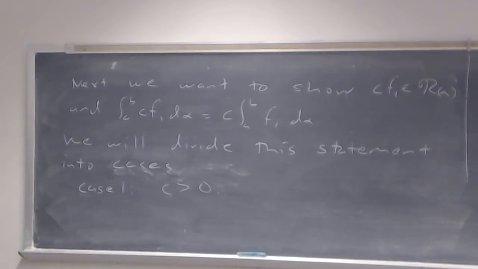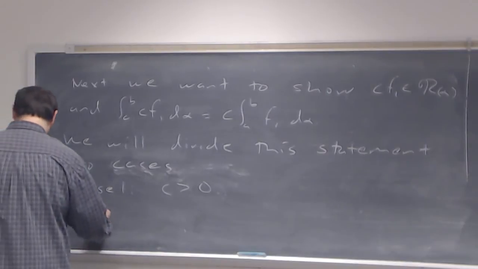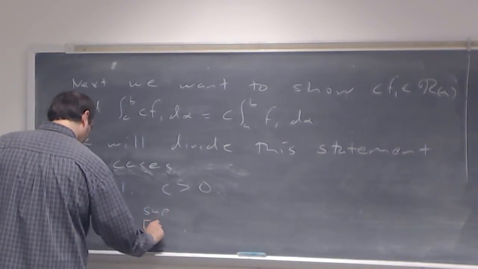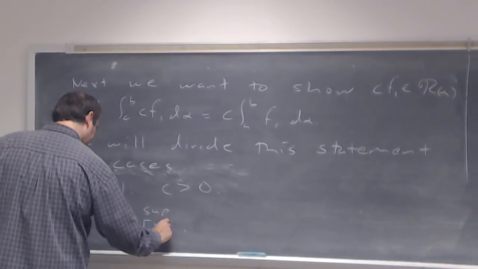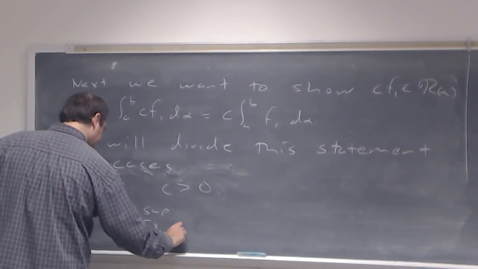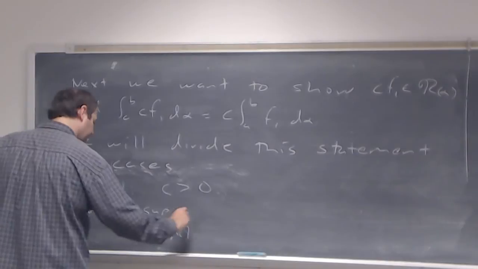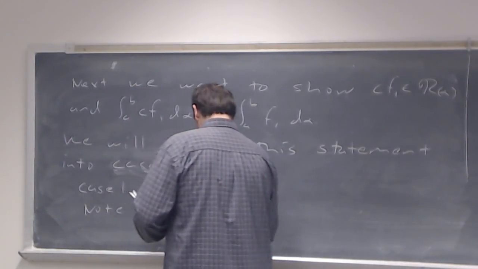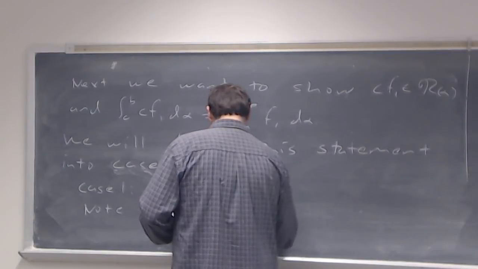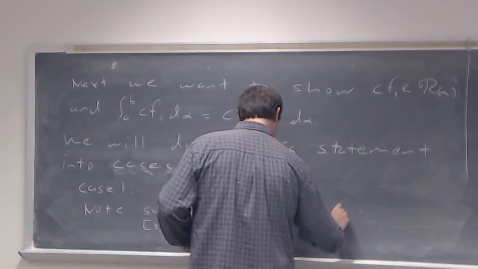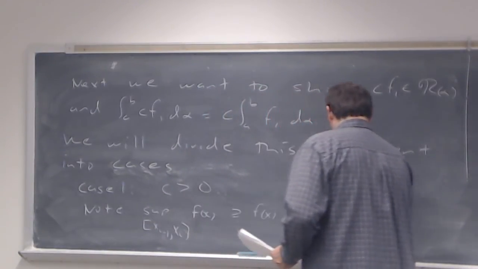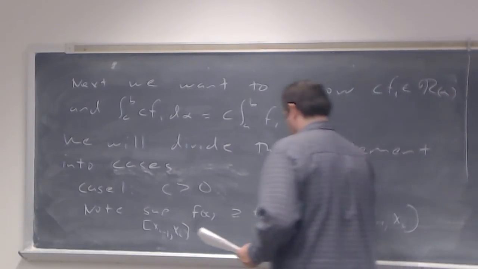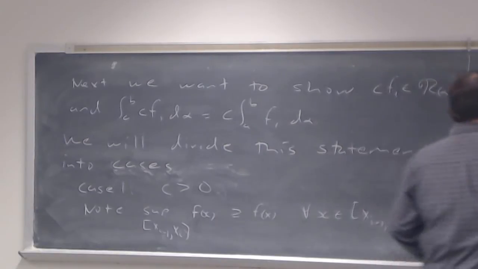Okay, so here the first thing we want to notice is that if you look at the supremum over x sub i minus 1 up to x sub i of the f of x's, well, by definition, that's greater than or equal to f of x for all x an element from x sub i minus 1 to x sub i.